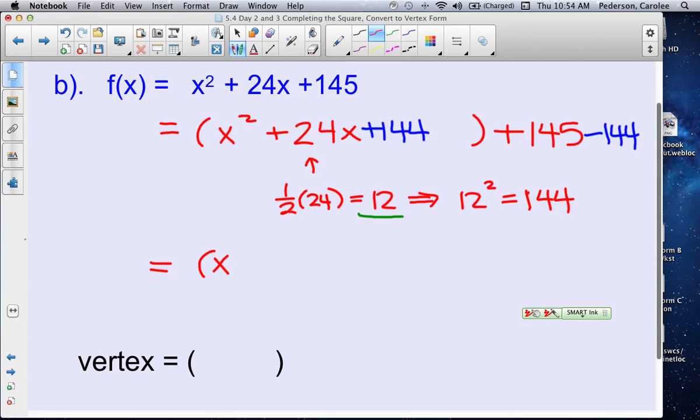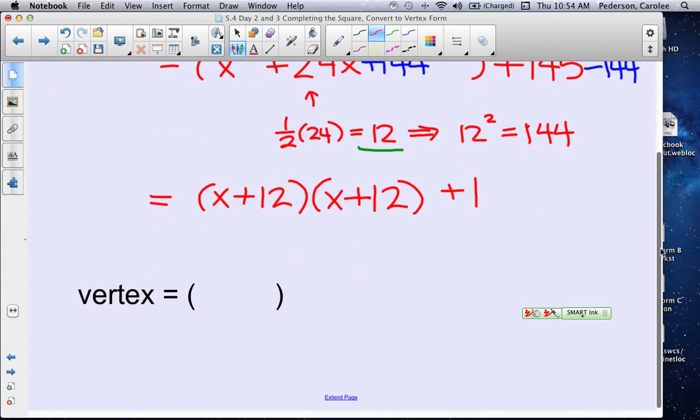So we have x plus 12 times x plus 12. And then over on the right, 145 minus 144 is a plus 1. Now I'm just going to group those two parentheses together as (x plus 12) all squared plus 1. Now it's in vertex form.